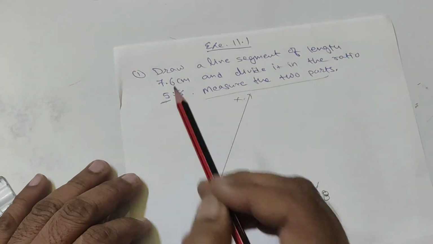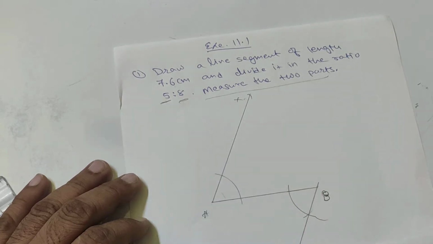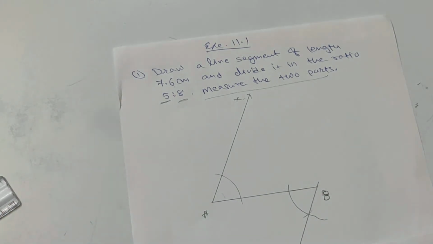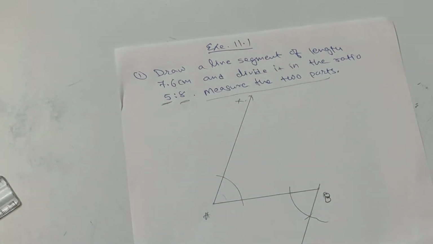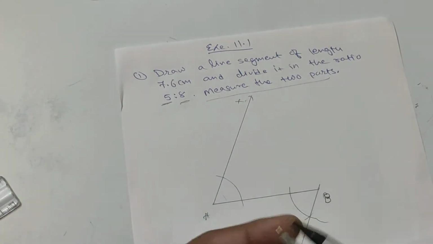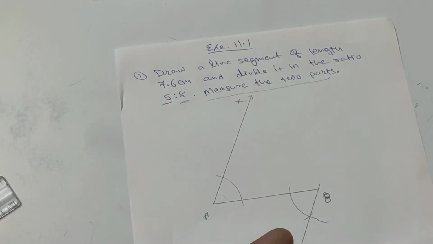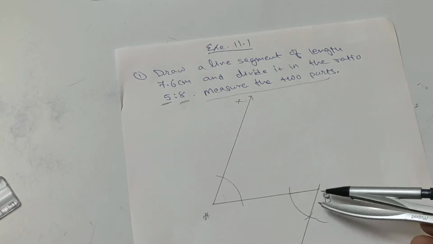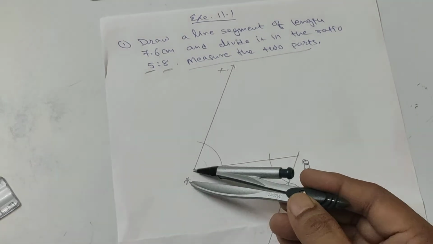The first segment that I want to have is 5 parts and another part is of the measure 8 parts, so on this ray I have to cut it into 5 equal parts. So make sure you adjust your protector with a certain arbitrary radius, but you make sure that all 8 parts can be accommodated on this ray and 5 over here.